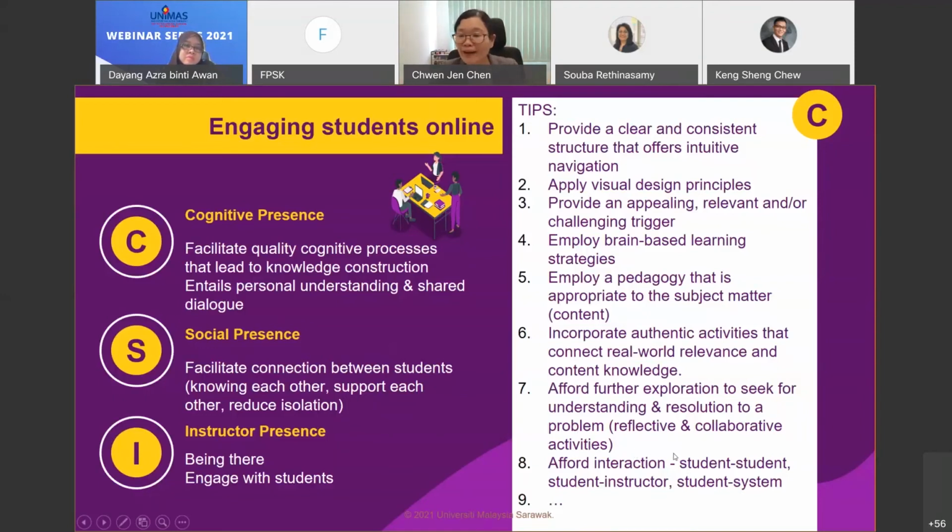Try to encourage student-student interaction, and interaction between you and the students. And also, if you have online quizzes and things like that, you are actually having some kind of student and system interaction, which will also help them to engage connectively. And of course, the list goes on by incorporating your ideas just now.